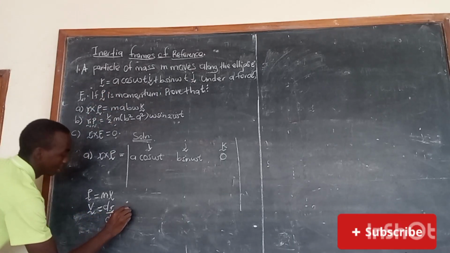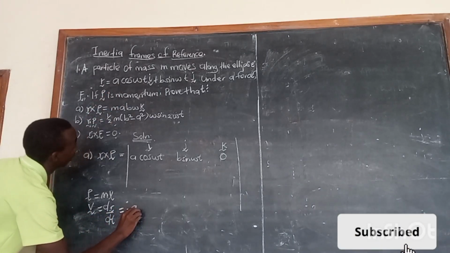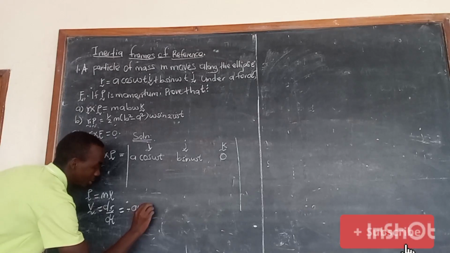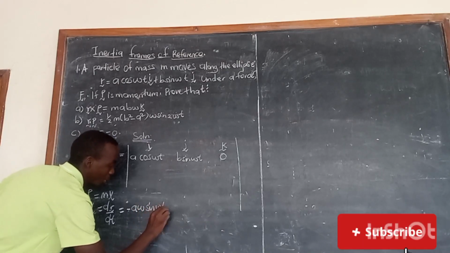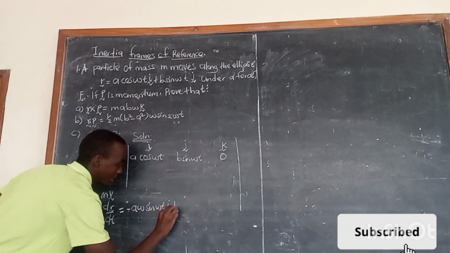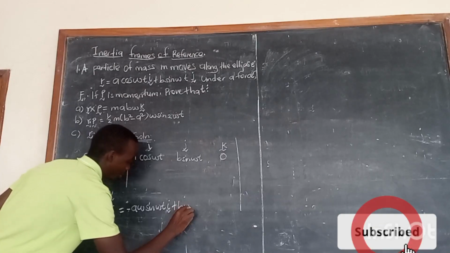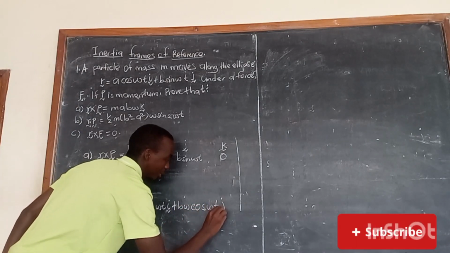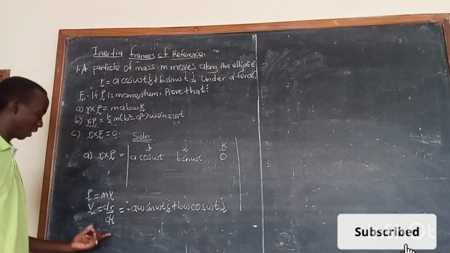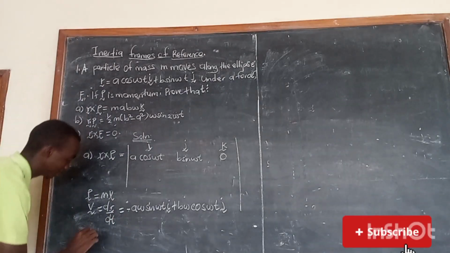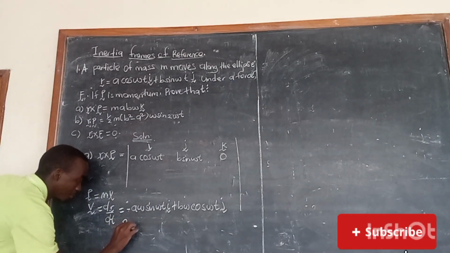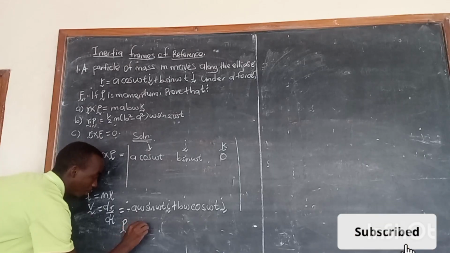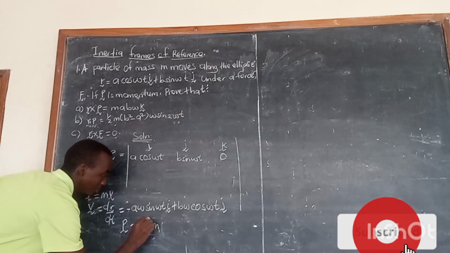It will be minus a omega sin omega t i, plus b omega cos omega t j. Then our momentum will be minus m a omega sin omega t i plus m b omega cos omega t j.